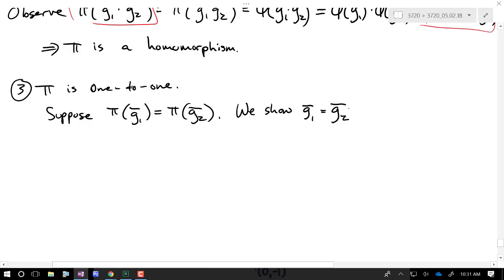Now, these are elements of G mod K. They are themselves cosets. So what we're really going to show is that G1 and G2 belong to the same coset. Not G1 bar, but just as elements of G, G1 and G2 belong to the same coset.